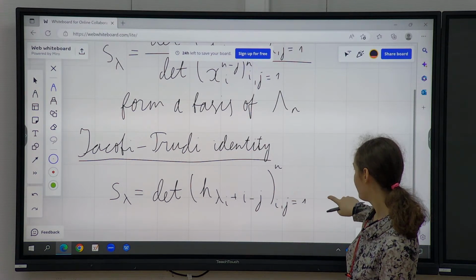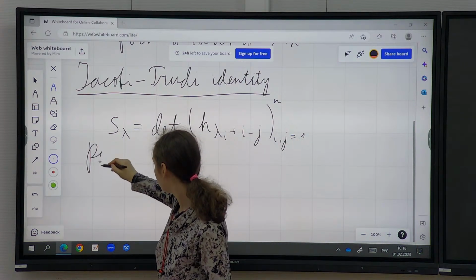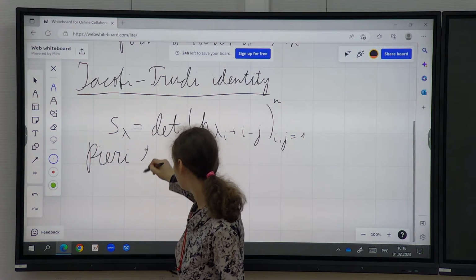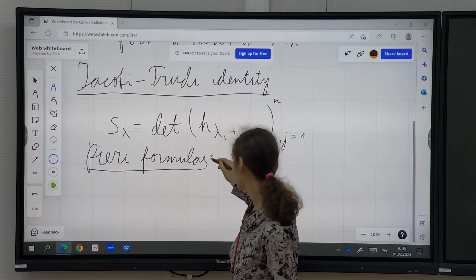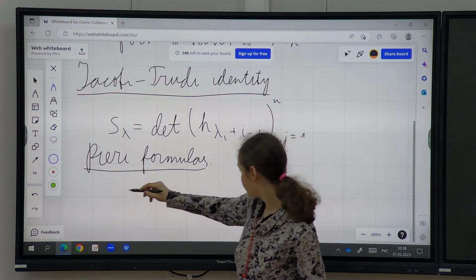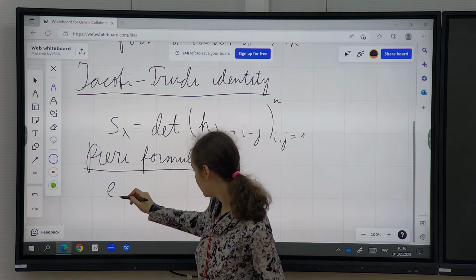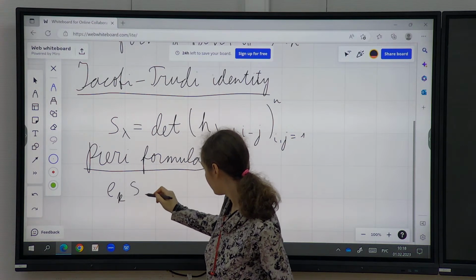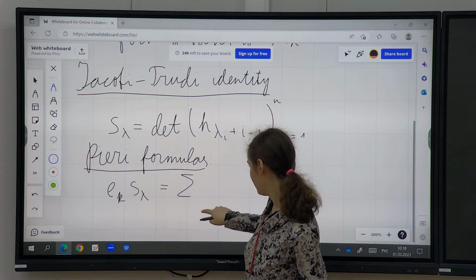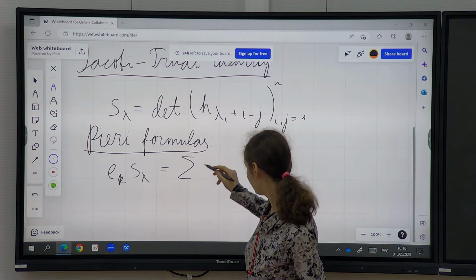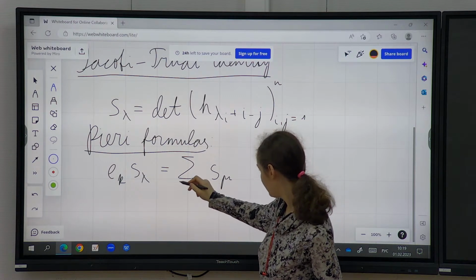Okay, and then we also proved Pieri formulas. That express the product of a Schur polynomial and an elementary or complete symmetric polynomial as a sum of Schur polynomials.